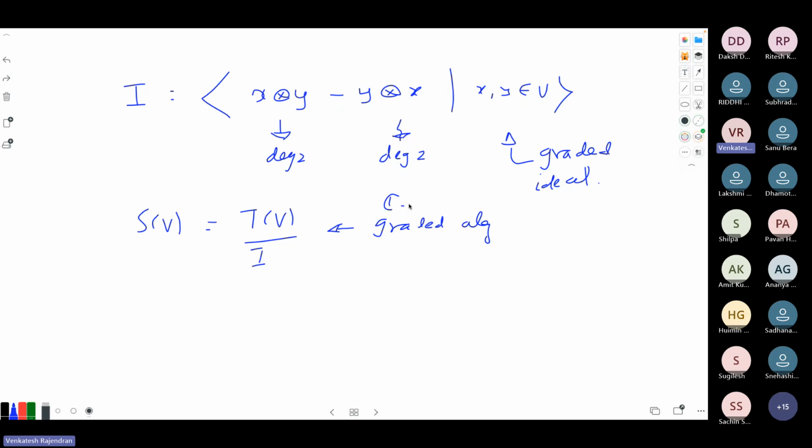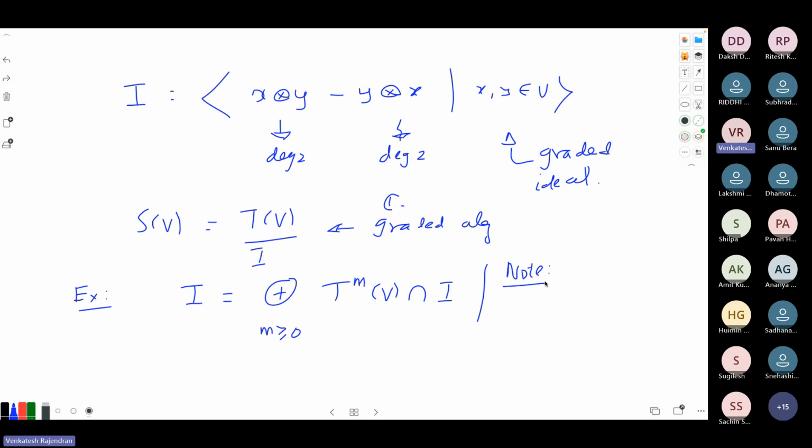In particular, I will leave this as an exercise again. This is not very hard. If you take I, you can write it as the direct sum of T^m(V) intersection I, where m is greater than or equal to 0. It's not very hard to see because the generators have degree 2.